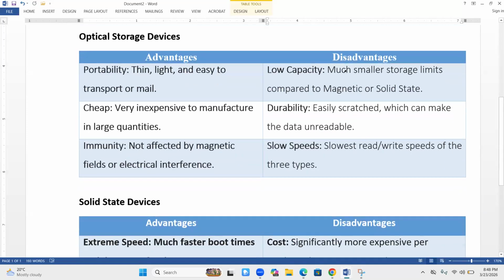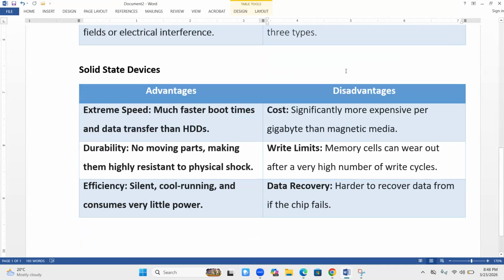And the next one, solid state devices, the third category of secondary storage devices. The advantages of solid state devices when we compare with other storage devices: extreme speed, much faster boot times and data transfer than HDDs, hard disk drives.